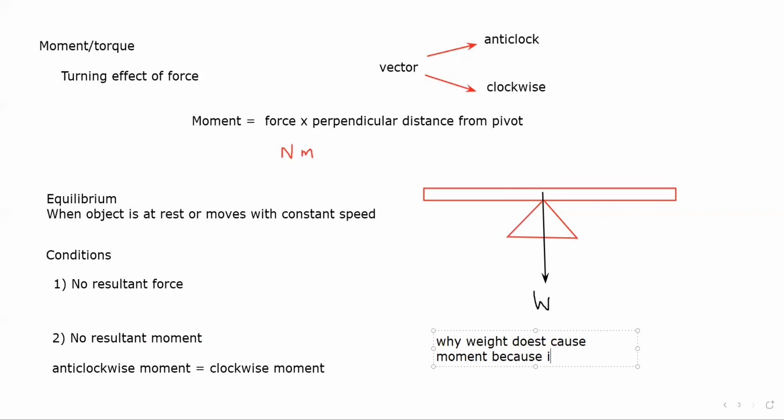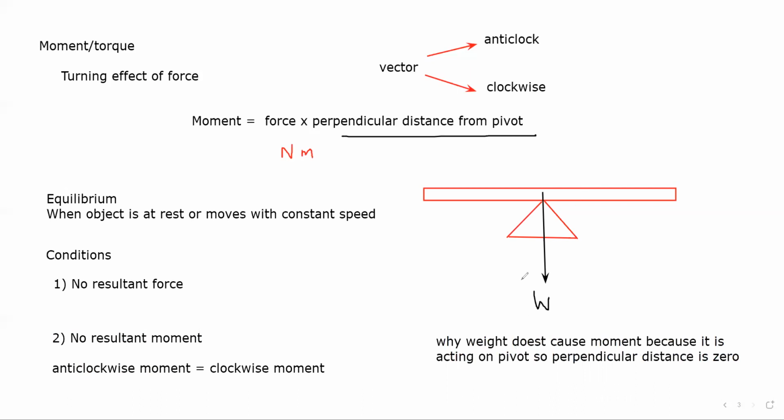Because it is acting on the pivot, so the perpendicular distance is zero. As moment is a product of force and distance, if this perpendicular distance from the pivot is zero, that will not cause any moment.